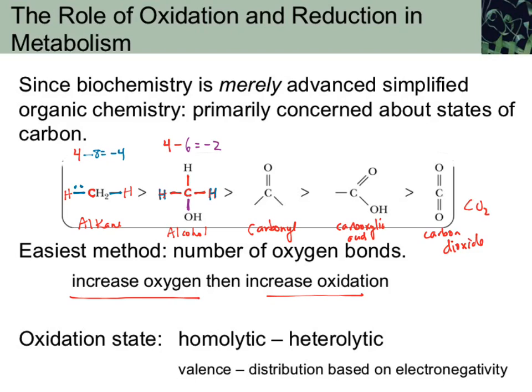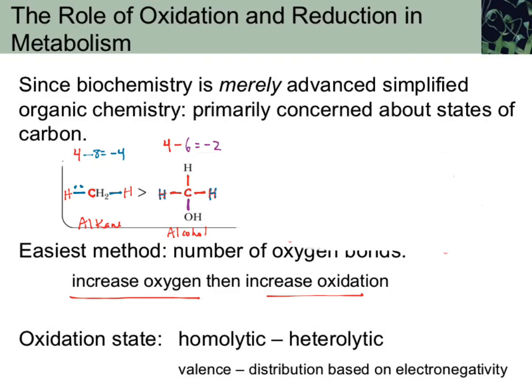Let's throw in one last wrinkle on this, which I'll do on that alcohol structure. So I'll erase these now. Instead of those being hydrogens, I'm going to make them carbons. I now want to know the oxidation state on that carbon.